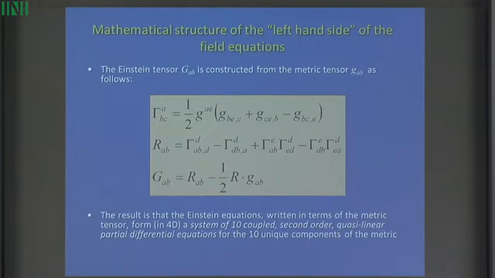We do the summation and compute the connection, or the Christoffel symbol. We take gradients of the Christoffel and quadratic sums of these. We compute the Ricci tensor, the Ricci scalar, and then we get the Einstein tensor. It might be tedious, but it's straightforward going in this direction. But of course we want to do the opposite: given the Einstein equations, we want to solve for the metric.